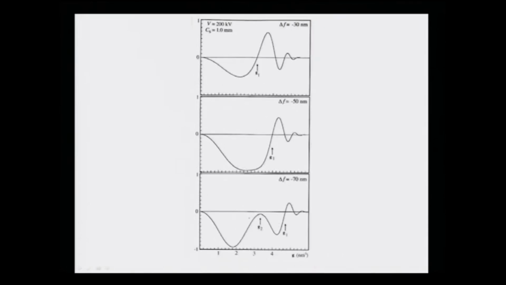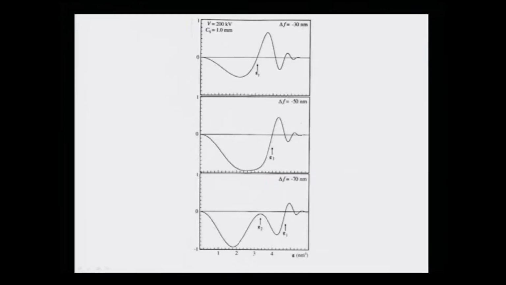Now, if we keep the C s to be 1 millimeter, because that is the best possible we have seen, and then vary the defocus from minus 30 to 50 to 70 nanometers, one can see how these things are changing. As you go from minus 30 to minus 50, this width is changing, the g 1 is also changing, and the crossover point at which this transfer function is 0 is also changing.